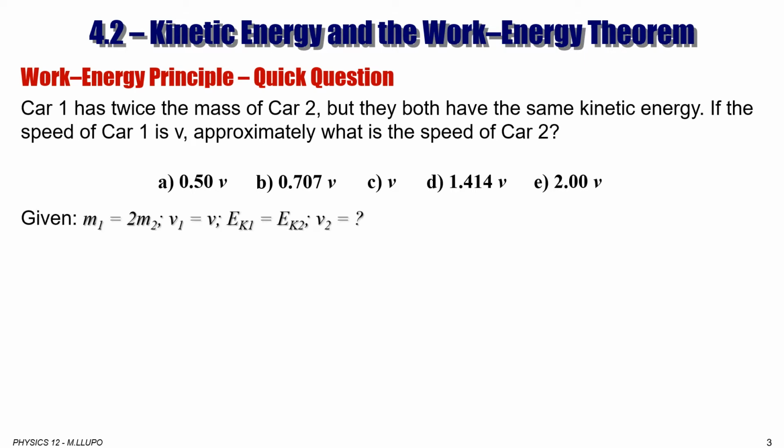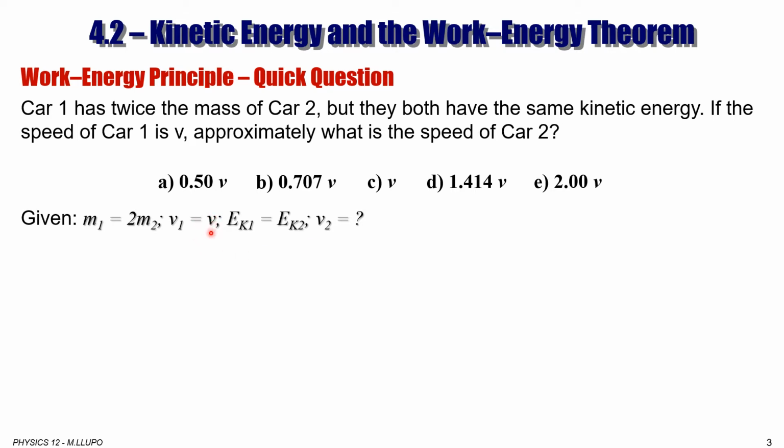Now, here is what is given. Mass 1 is equal to 2m2. The speed of car 1 is v, and the kinetic energy of car 1 is equal to the kinetic energy of car 2. What we're looking for is the relationship of v2 with v.